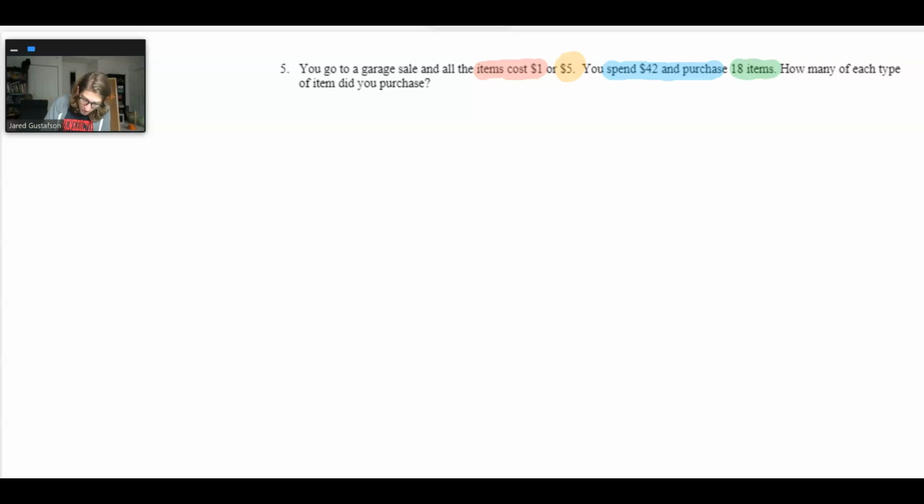That question right there is always good to help you define your variables. So I'm going to call them X and Y. We're going to say X is the number of items that cost $1, so X will be the cheap ones, and then Y is going to end up being the number of items that cost $5.